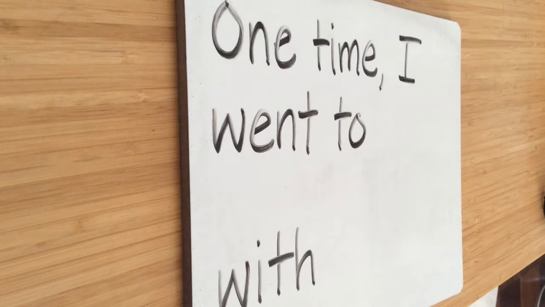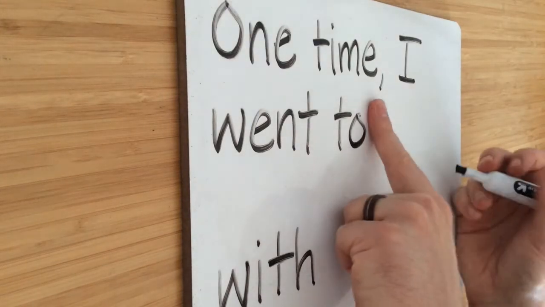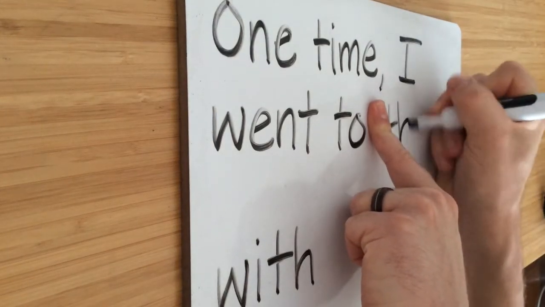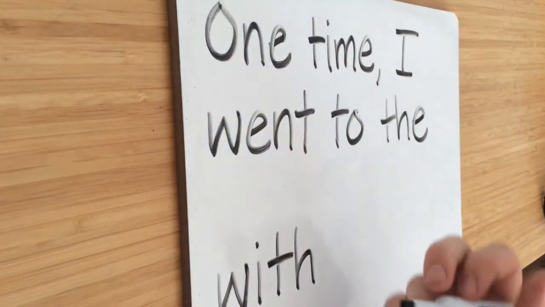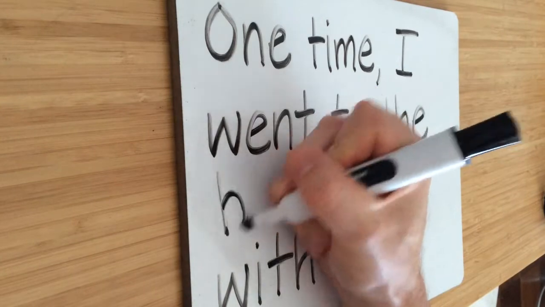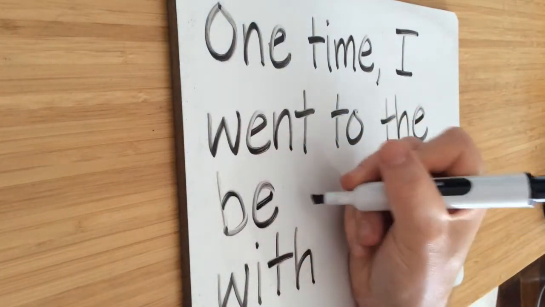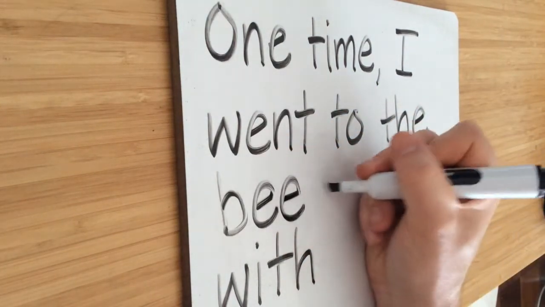Now I'm going to get ready to write it. So I start with the words, one time I went, and I've added the word to. Now I write the word the, and I don't have any more space here, so I'm going to go to the next line and write the word beach. B, e, ch, beach.